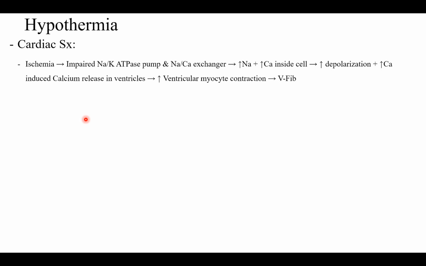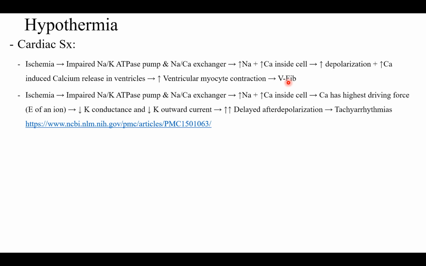Moving on further with the cardiac symptoms, we have ischemia, impaired sodium-potassium ATPase pump, and sodium-calcium exchanger causes an increase in sodium and calcium inside the cell that makes the cell more positive, more likely to get depolarized. This increased depolarization and calcium-induced calcium release in ventricles causes increased ventricular myocyte contraction and can further lead to ventricular fibrillation as well.